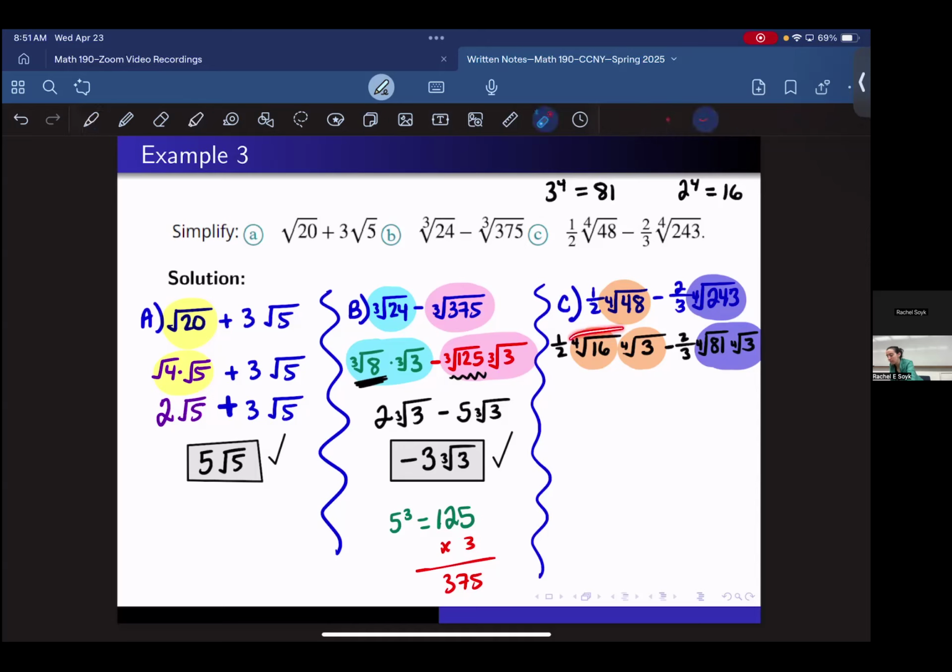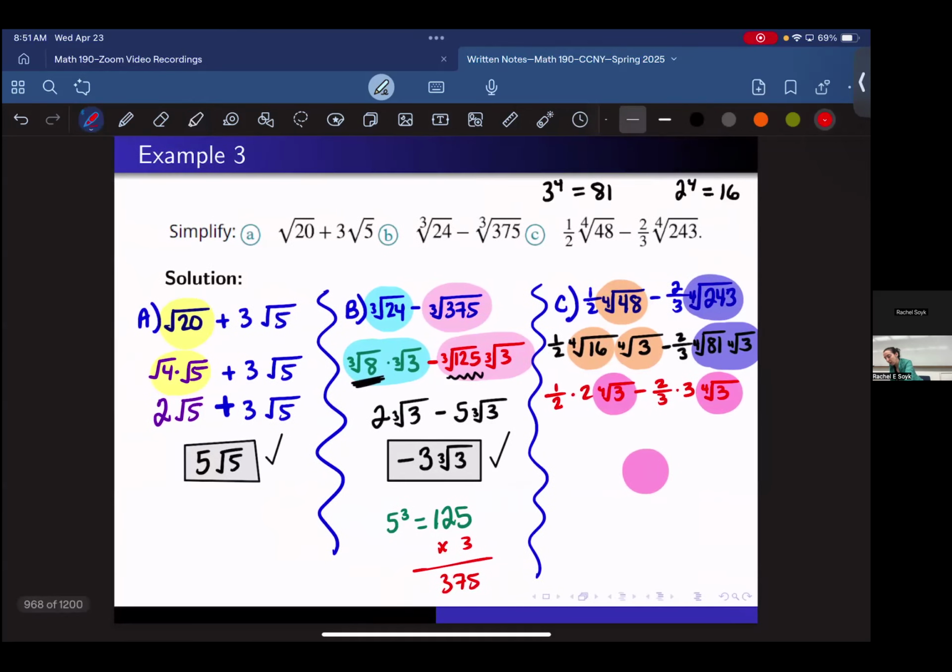This is the hardest step. Once you get here, it's all downhill. 4th root of 16 is 2. That 4th root of 3 is going to be that like radicand between these two terms. 4th root of 81 is 3. Once again, we have that 4th root of 3 is our like radicand.